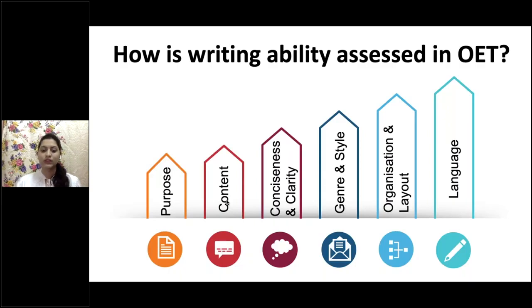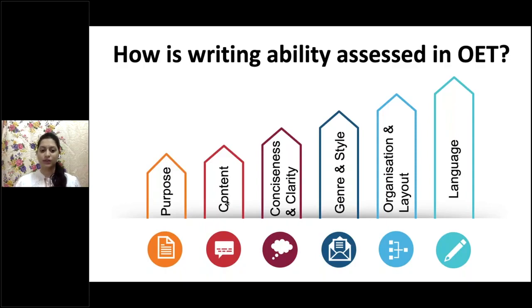All right. Conciseness and clarity. Again, whether you have effectively summarized, and when somebody reads your letter, they should be able to get the main focus without having to literally hunt for your reason.